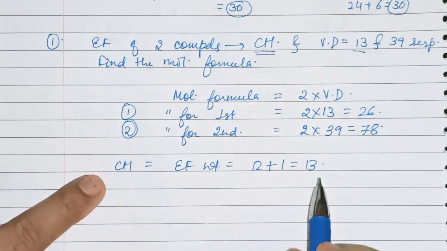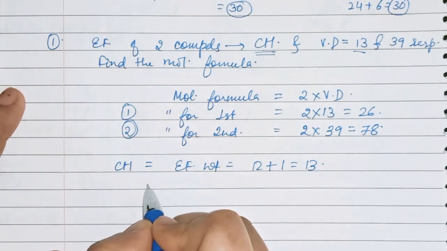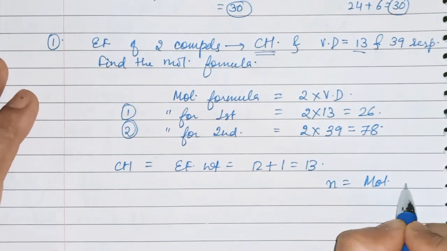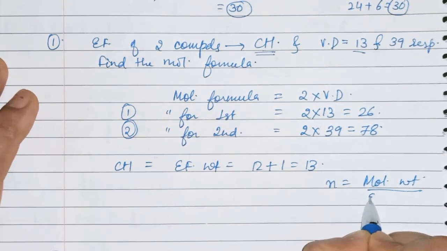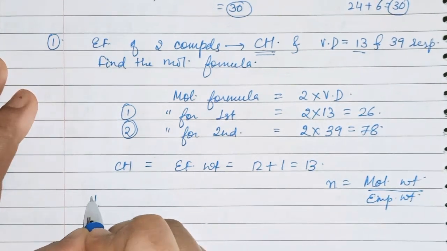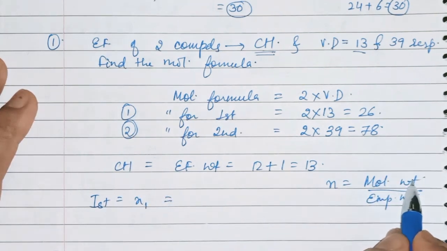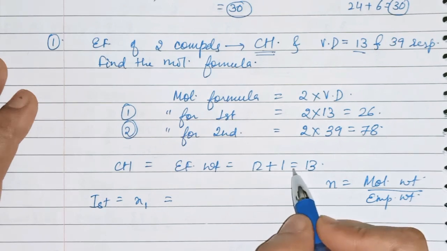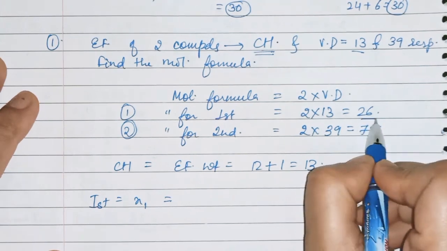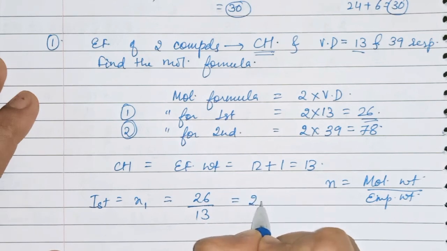Now to find out the value of N, N is equal to molecular weight upon empirical weight. So for the first compound, N1 is equal to molecular weight, which is 26, upon 13, that is 2.